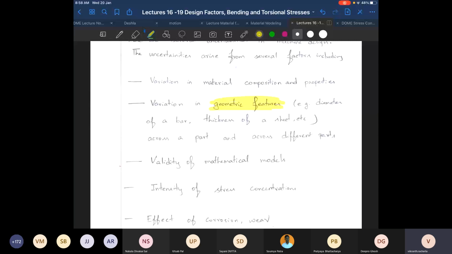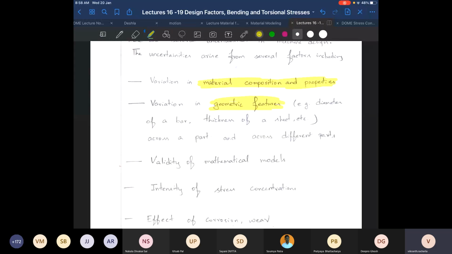There will be a variation in the thickness. Now, in the same manner, if you are looking at material composition and properties, so let us say the property of interest over here is yield strength and ultimate tensile strength. Once again, because of the way the material is manufactured, heat treated, welded, you can have a variation in the material property from place to place. Okay.